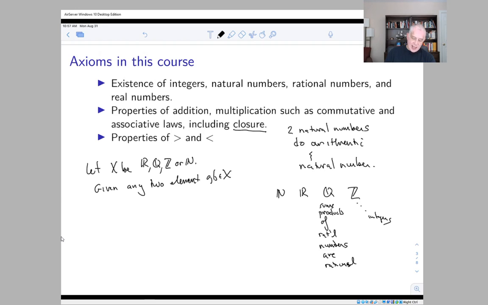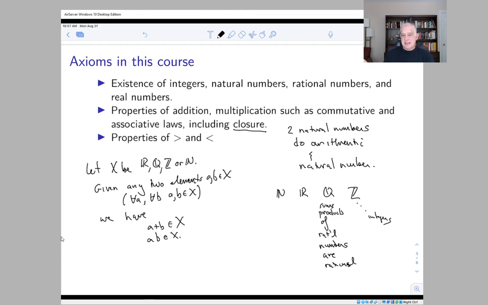This says for all a and for all b in X, we have that a + b is in X and a times b is in X. Notice that we don't necessarily have a − b in X and a over b in X, but at least for sum and product we have closure. And we also take for granted the way greater than or less than works.